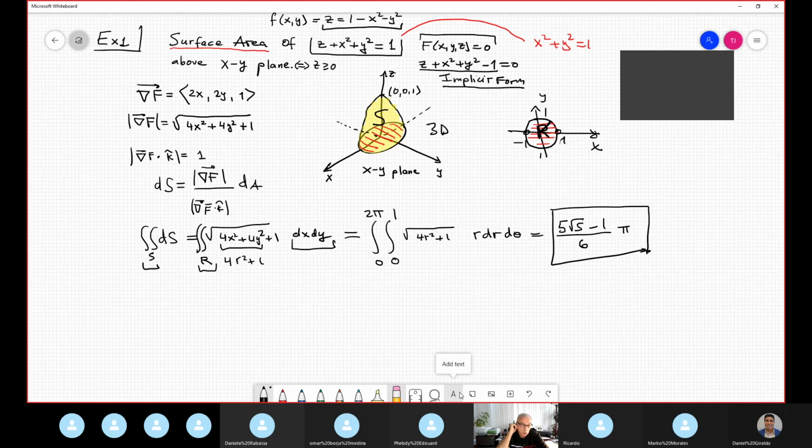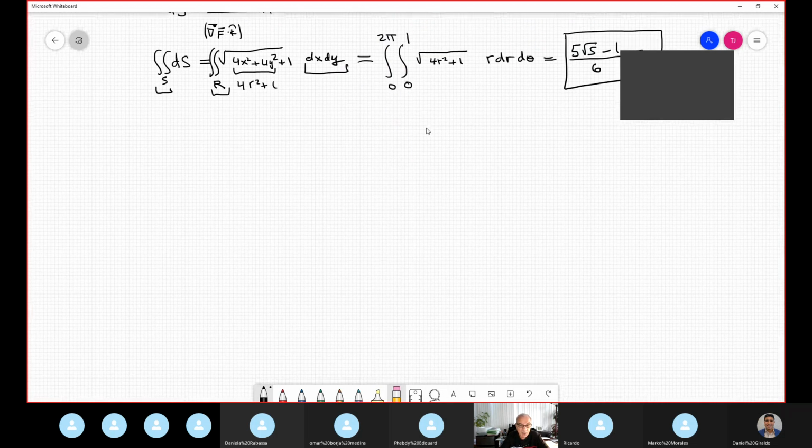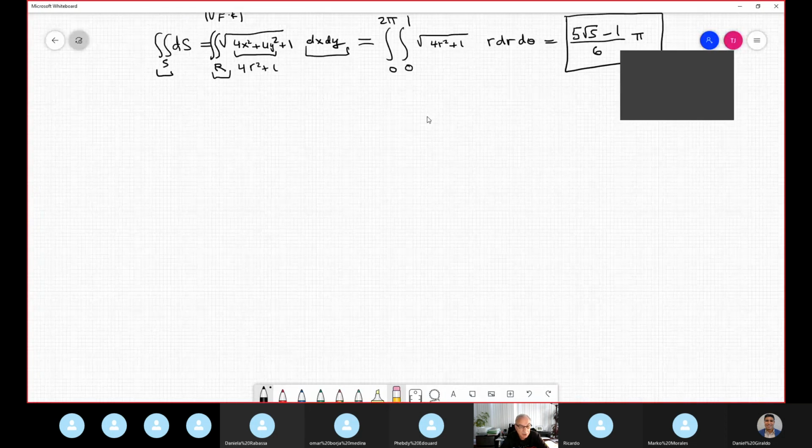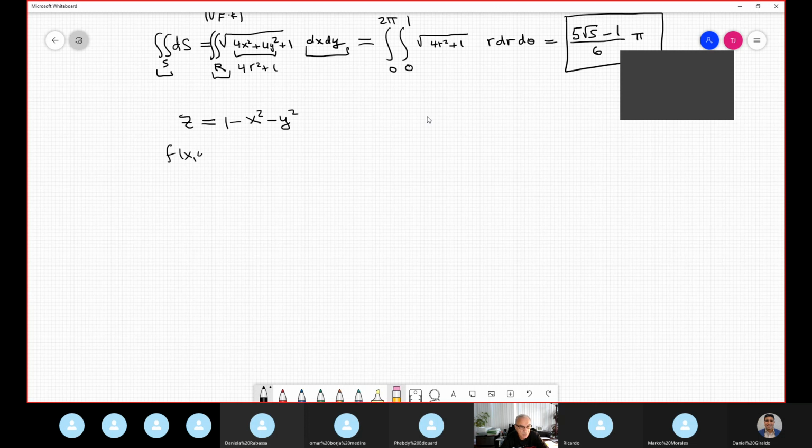Okay. Suppose someone says, no, professor, I don't like this. I want to do it a different way. You explained to me that, for example, if I isolate z, that z is 1 minus x squared minus y squared, and you assume that z is f of x, y, which is 1 minus x squared minus y squared.